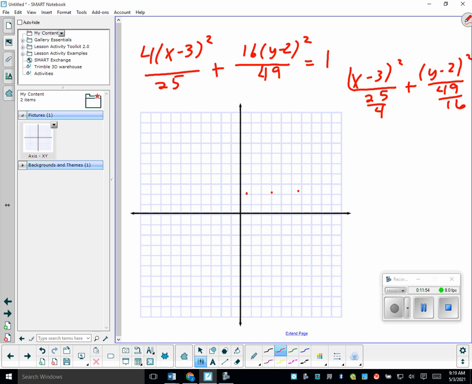How many am I going to go up? 7 fourths. How much is 7 fourths? 1 3/4, almost 2. From my center, I'm going to go up almost 2 and down almost 2.